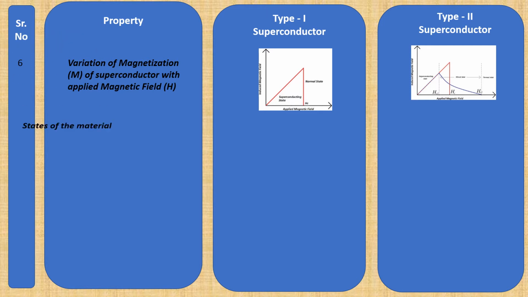Next point, state of material. Depending on the previous graph, we can show the different states.